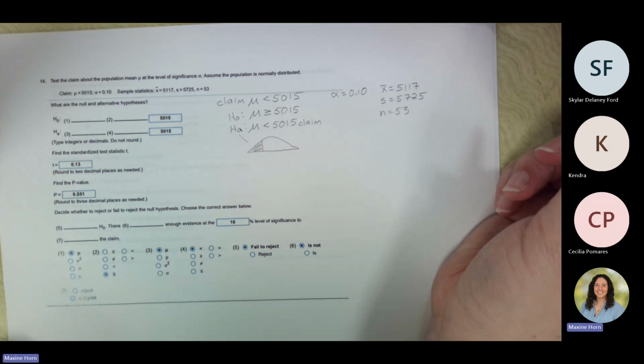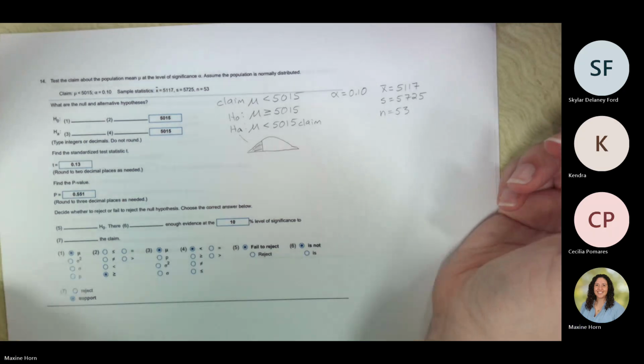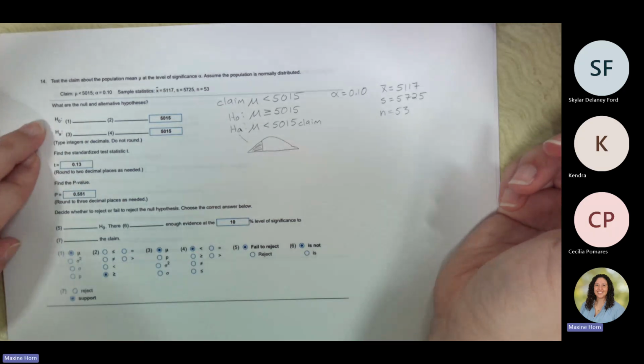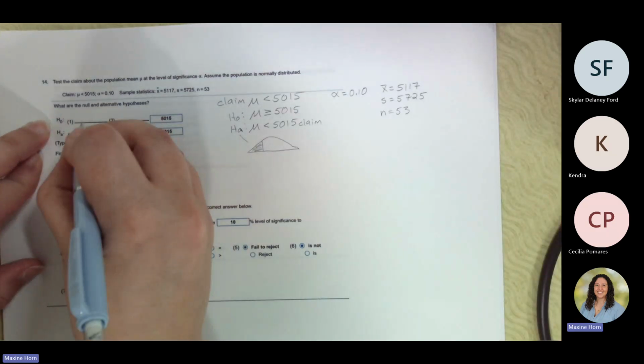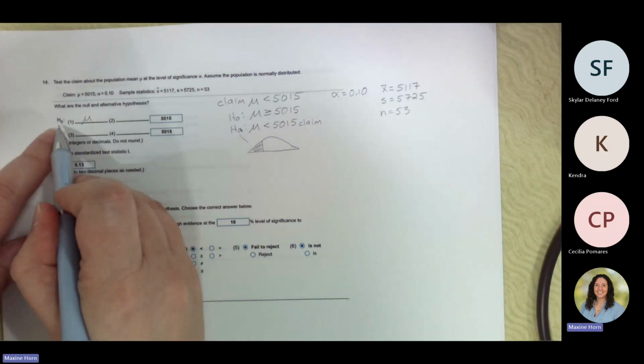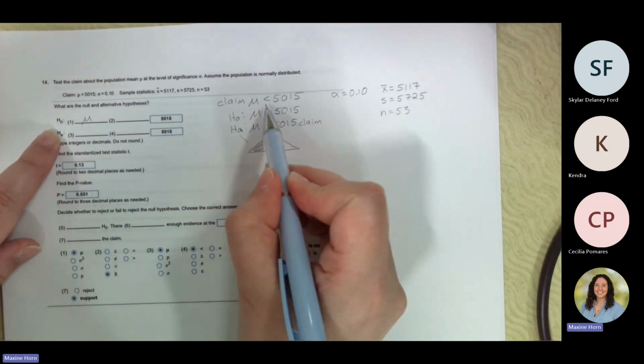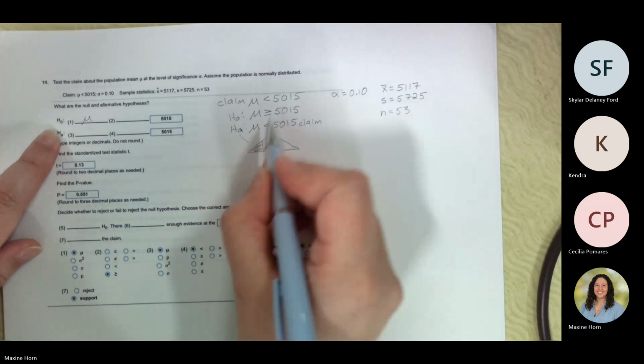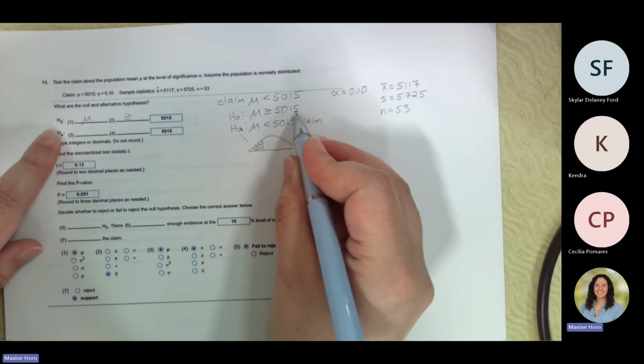Okay, so our, oh yeah, this one, it kind of writes it funny. So the null hypothesis is that the mean is greater than or equal to 5115.